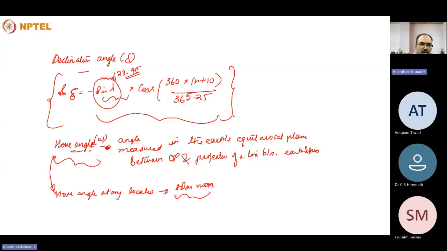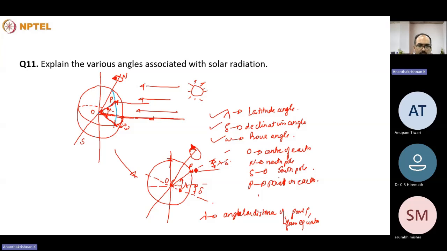It is measured between the projected point on the equator of a particular position P. This P, take this case, should be somewhere around India, and if you project it along to the equatorial plane, it will come somewhere here, and the angle the solar radiation will make by time of the day, that will be our angle omega.